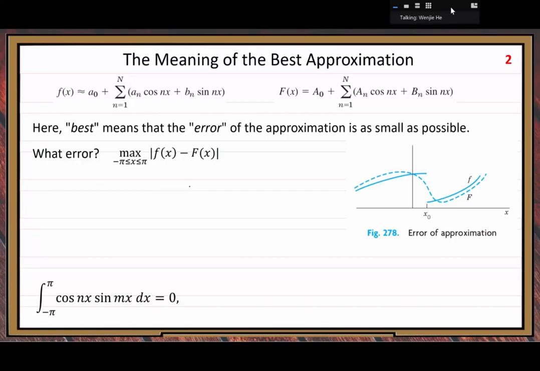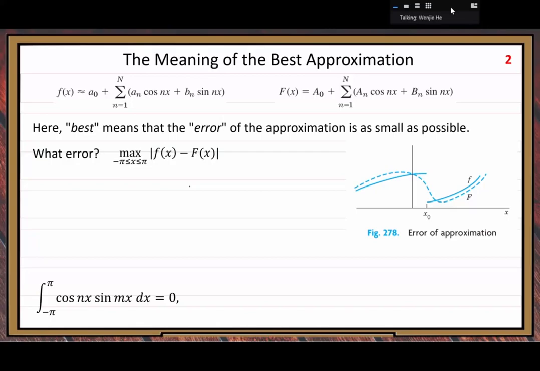Here you can see, if we use this error definition, we want to show that this error definition is not good here. You can see the error difference for this part, the approximation is not very good, right?